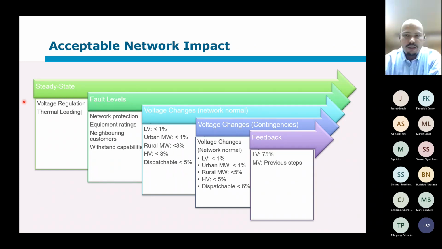Other nodes in the network where customers aren't connected, you don't have a regulatory requirement, but your own equipment might also be impacted, so you might want to look at it. Then fault levels: make sure your protection is correctly set up, coordinated, and you've got adequate equipment ratings and withstand capabilities of your protection. What's the impact on your neighboring customers?